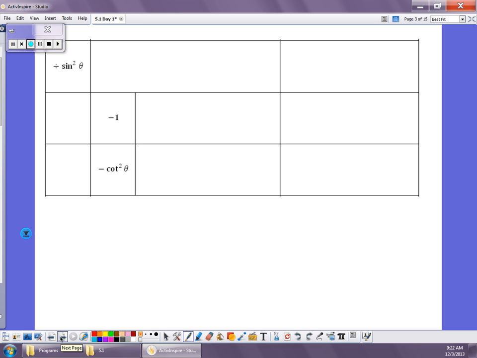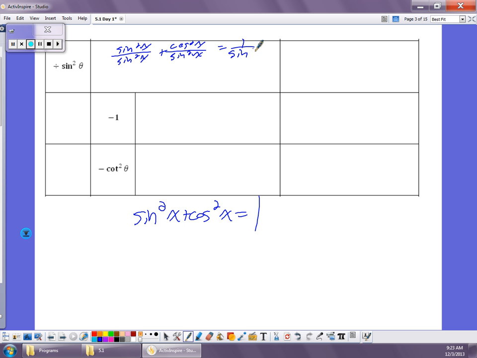So what would happen, remember, we're still going from sine squared x plus cosine squared x equals 1. What would happen if we divided by sine squared x? So sine squared x over sine squared x plus cosine squared x over sine squared x equals 1 over sine squared x.